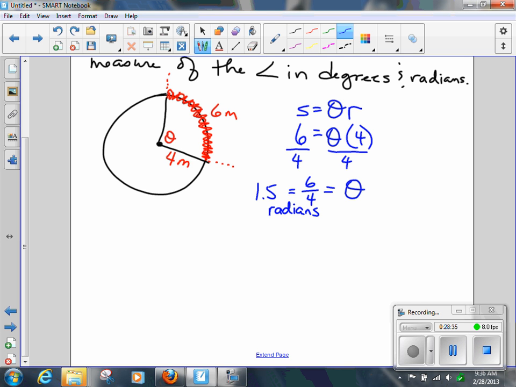What's this talking about? This is the tick mark circle, okay? This is from our tick mark unit circle. It's still 3/2, it's right. 3/2 radians is correct, but don't you dare put a pi in there.